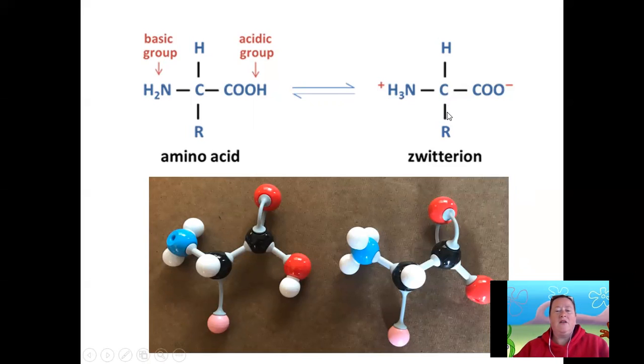For example, if it's an acidic medium, you'll pick up an extra hydrogen and it'll attach itself here, leaving just this behind. Or if you're in a basic environment with hydroxide OH group, you might take the hydrogen from this protonated amine group here. So the next couple of slides are going to go through those scenarios.